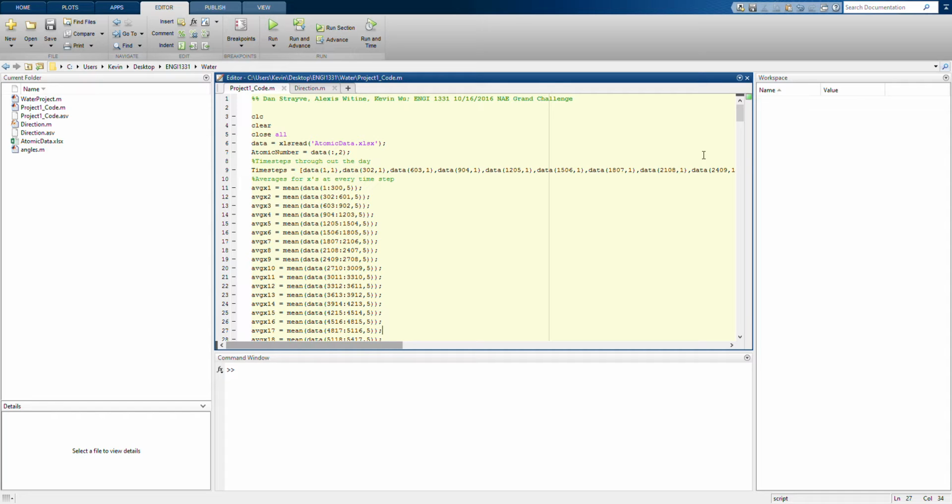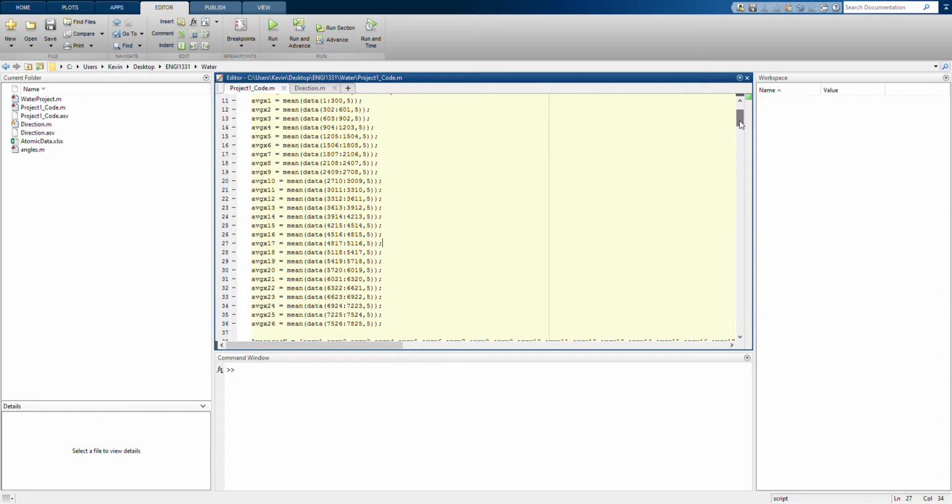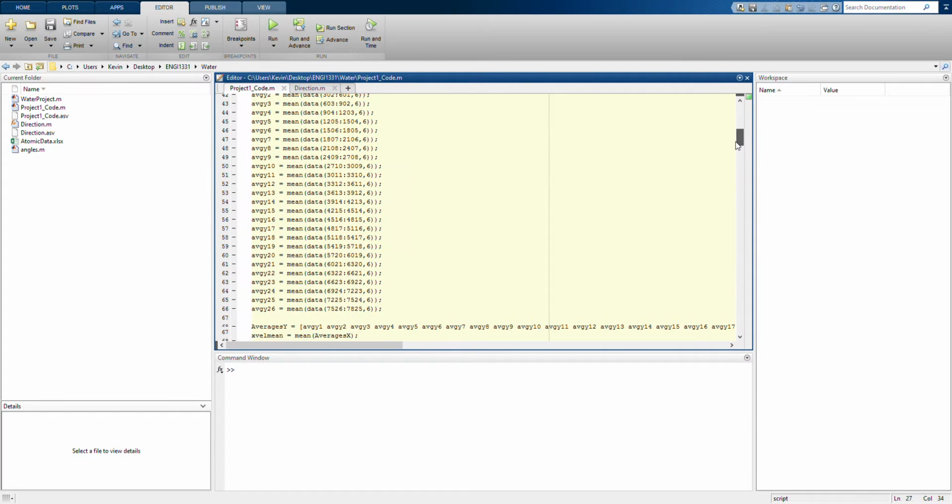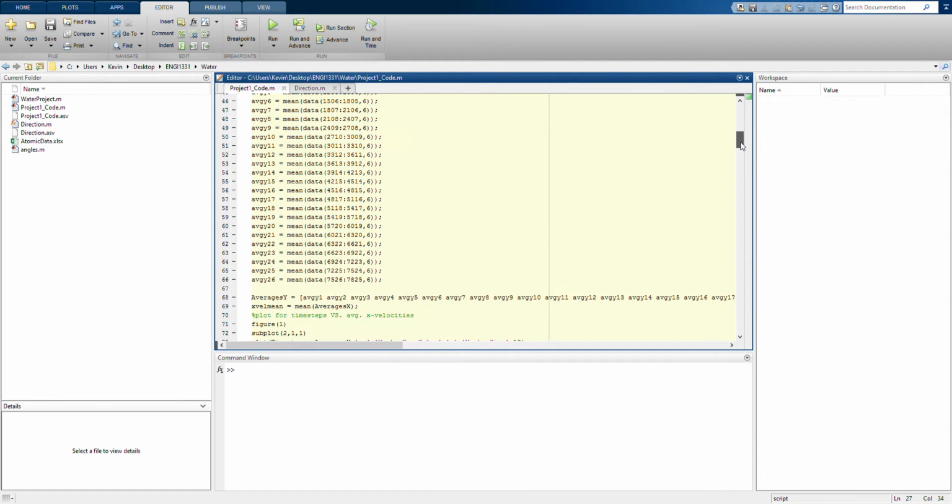When we extracted it into MATLAB, we found the mean of the data at each time step for the x velocities and the y velocities, as shown over here. This is the x's, and this over here are the y velocities.